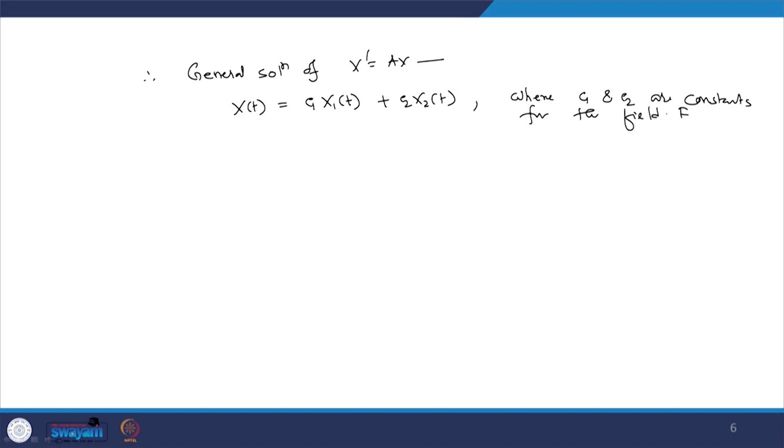So I got the general solution of this system x' = Ax.